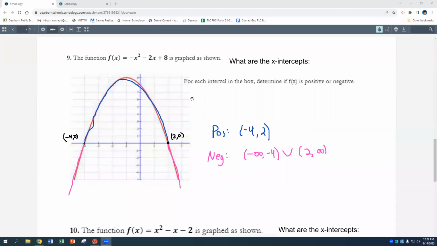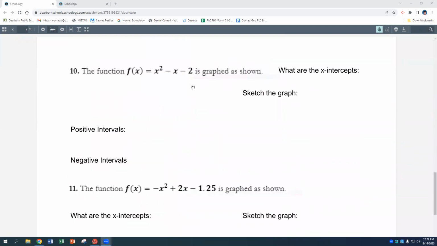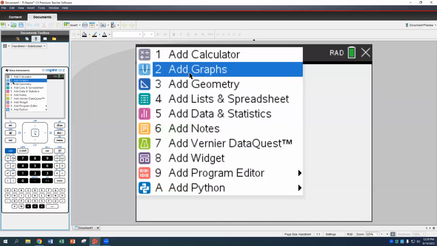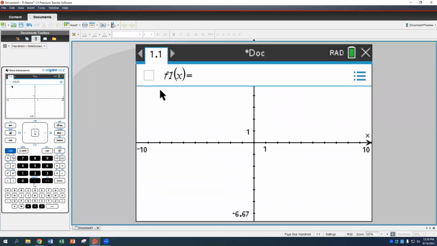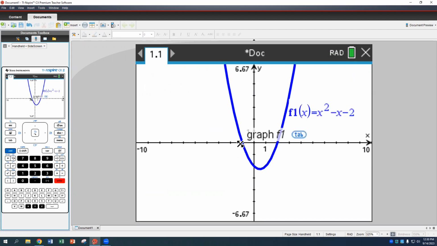All right, let's do one more together, one where you have to use your calculator. Number 10, we have x squared minus x minus 2. They don't give us a graph, so we need to come up with our own graph. You can use Desmos if you're at home, but I'm going to type in x squared minus x minus 2. And there's my graph.